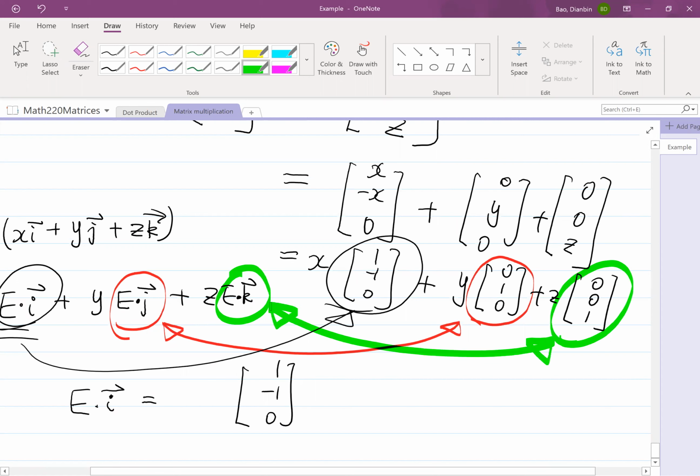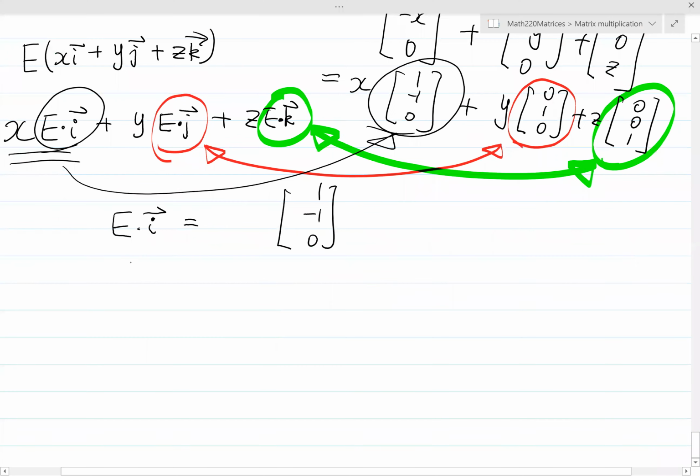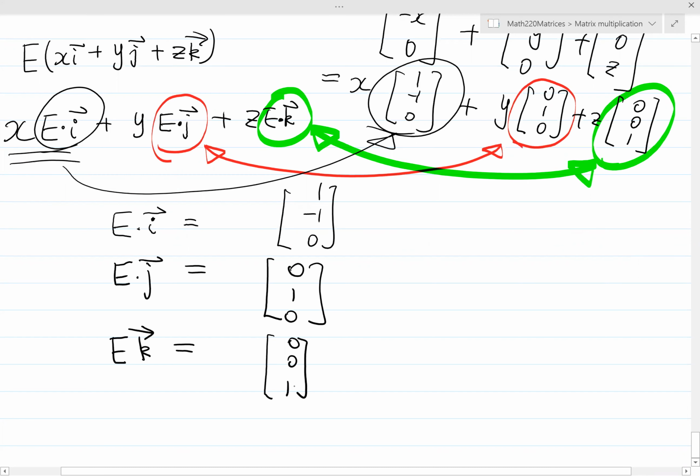So we get E of j should be (0, 1, 0). This is the second column of E. E of k is (0, 0, 1). So this is the third column of E.